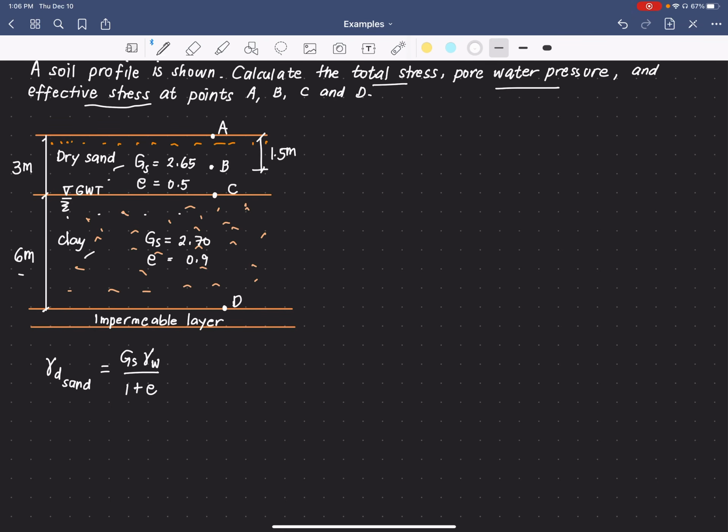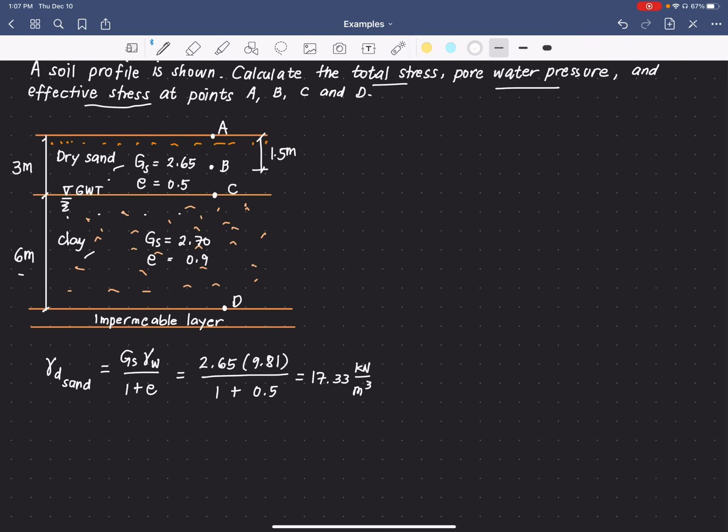The GS, the unit weight of water, and the void ratio are already given, so we can directly plug in these values and solve for the unit weight. 0.81 all over 1 plus the void ratio of 0.5. So here we can solve for the dry unit weight of sand, which is equivalent to 17.33 kilonewton per cubic meter.